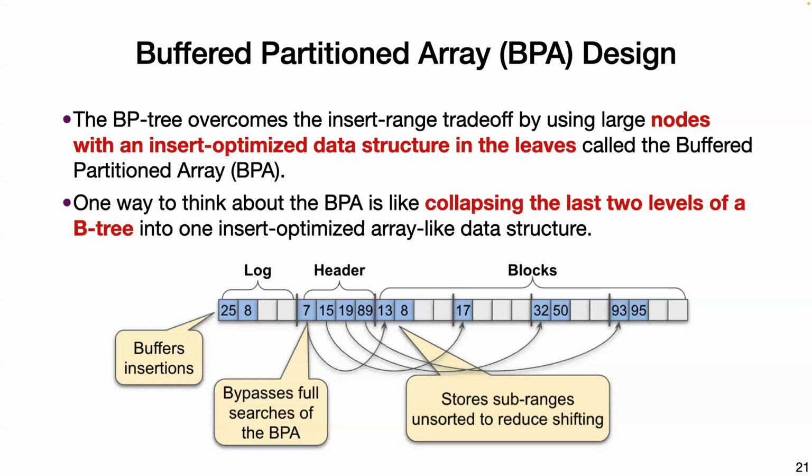These tell you the range of elements in every one of these blocks. So here, 7 and 15, all the elements in this range would be between 7 and 15. Here, everything is between 15 and 19, 19 and 89, and then everything greater than 89 up to the next node, or infinity if there is nothing after this.